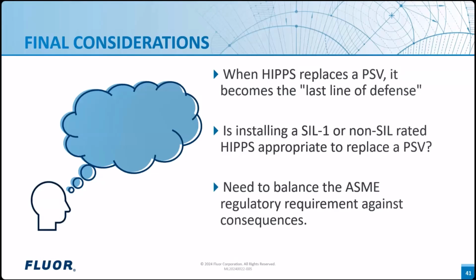Every case is different and requires a careful review of the credits taken and to balance regulatory requirements with good engineering judgment. The right answer to me is somewhere between code and an assessment that considers consequences. In the extreme, strict application of ASME requirements can result in some funny requirements.